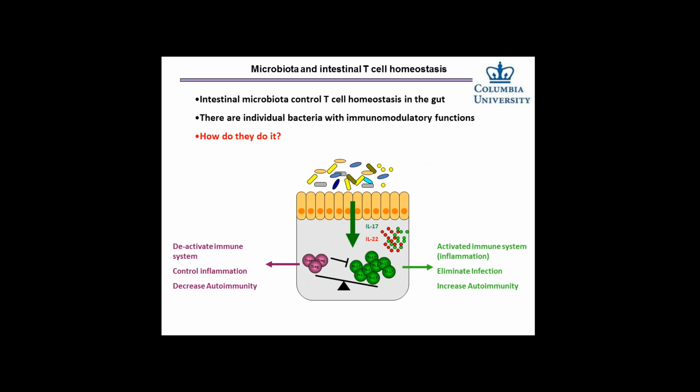So we decided to ask whether intestinal microbiota may control this homeostasis, this ratio between Th17 cells and regulatory T cells, and if that is the case, whether individual bacteria are responsible for this effect, and finally, what is the mechanism of this induction.